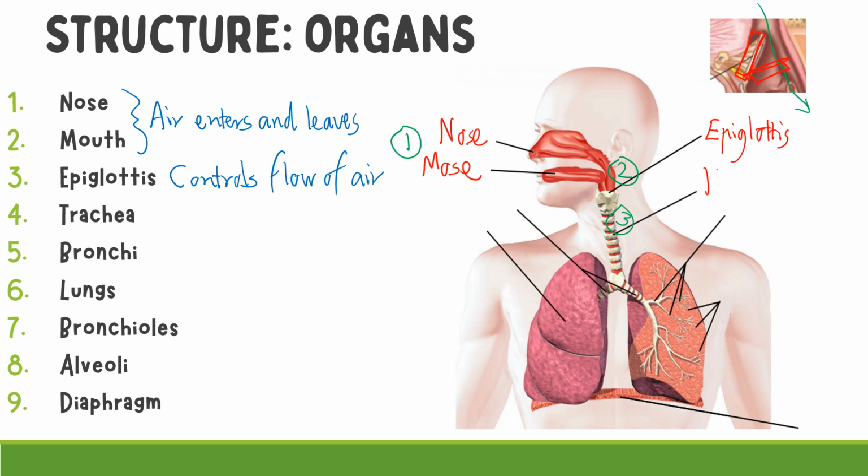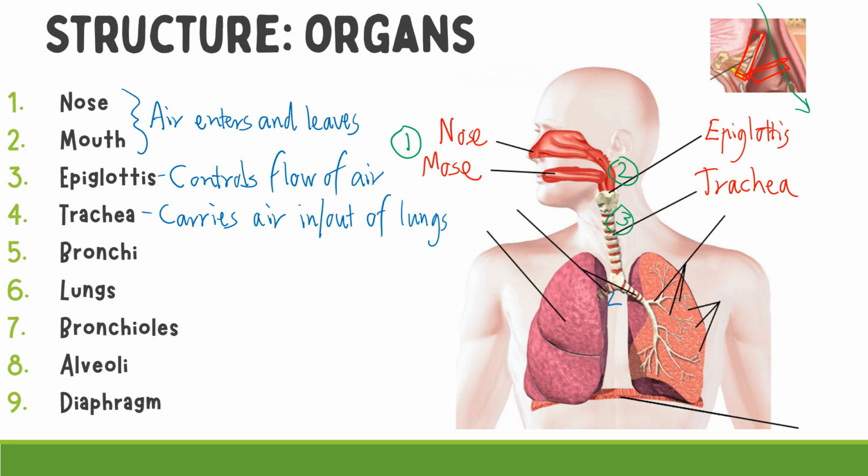And the scientific name for the windpipe is the trachea, which essentially carries air to the lungs and out. All right, since we have two lungs, the trachea breaks into two smaller windpipes, which are called bronchi.